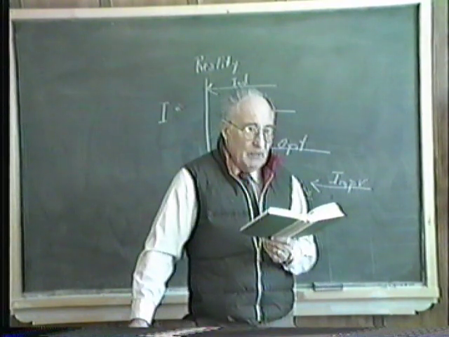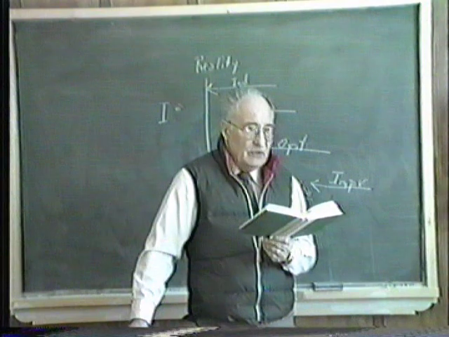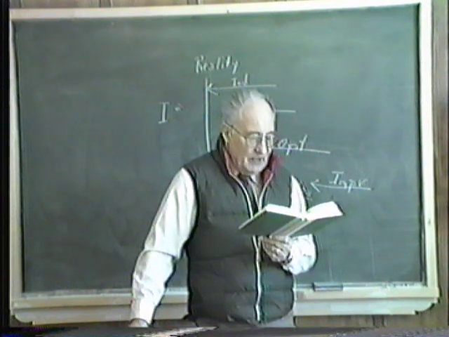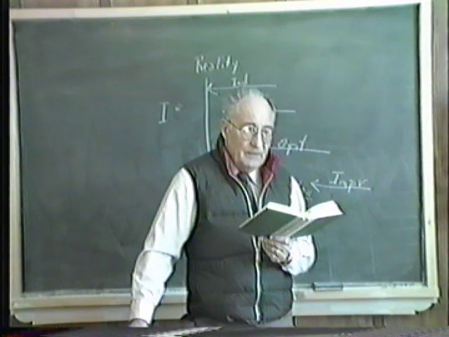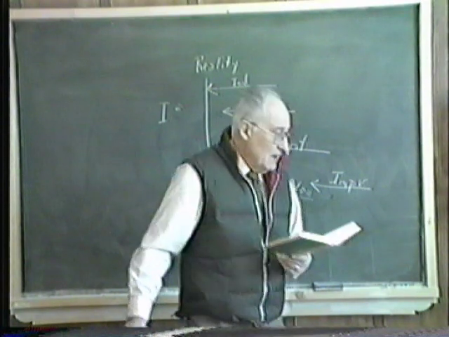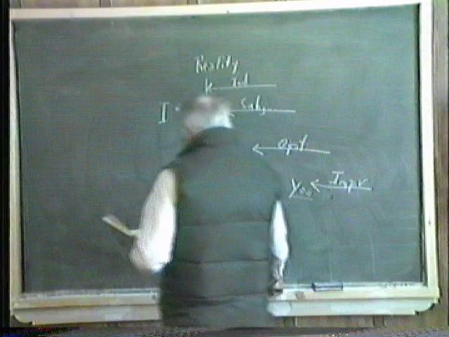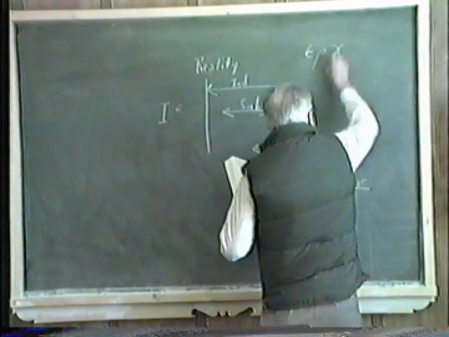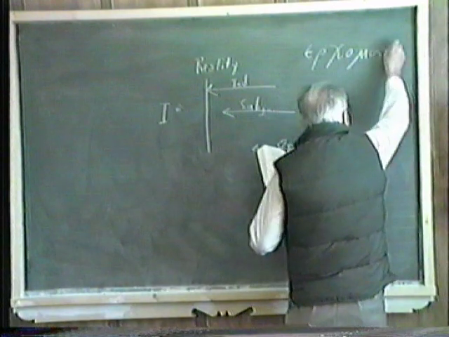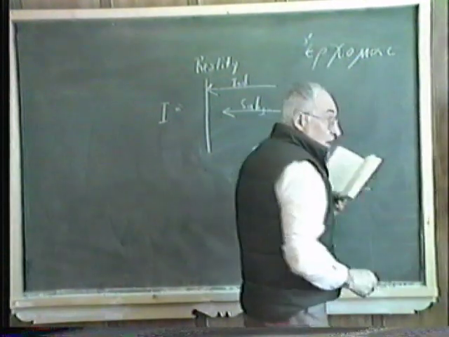One of the problems that I have found most students having is observing that eilthon is your second aorist of erkomai. Now then, let's put erkomai. Now that's a deponent verb, isn't it?